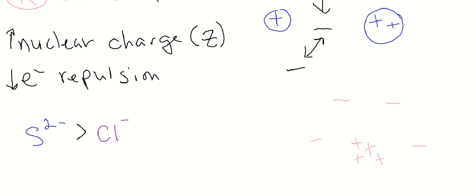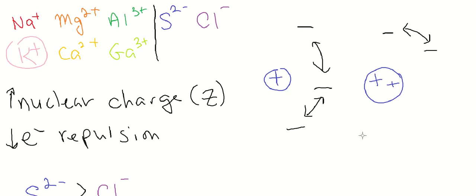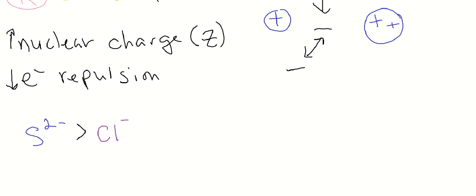I don't feel like drawing 19 protons and electrons, but if you remove one of these, now the rest are going to be brought in. So potassium is going to be your largest cation.